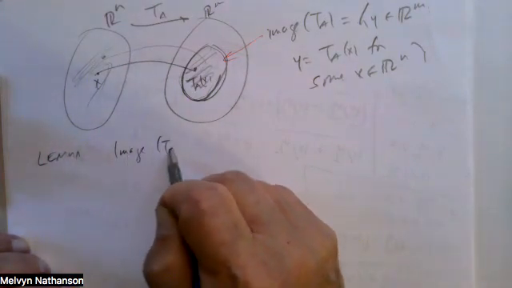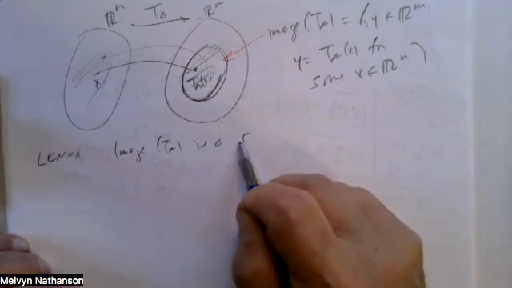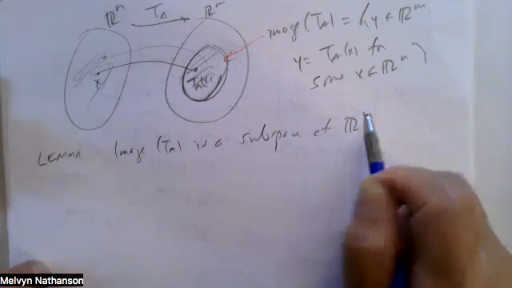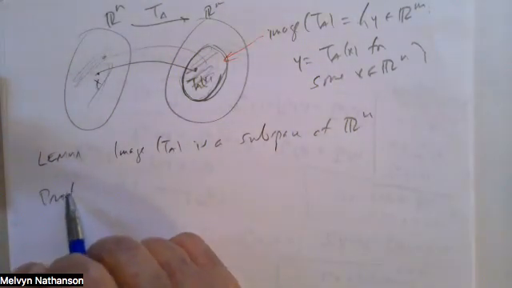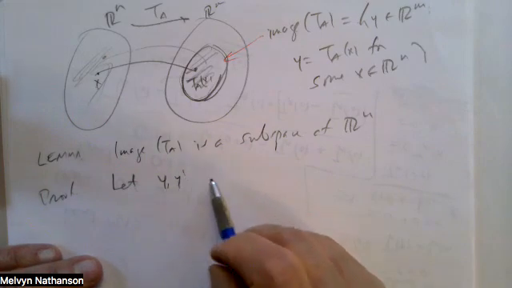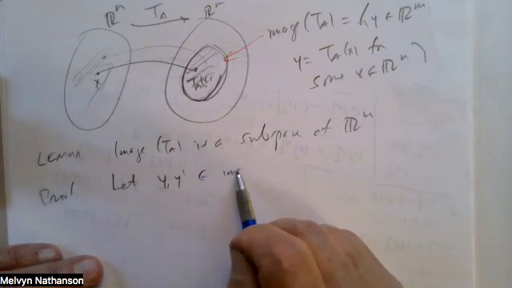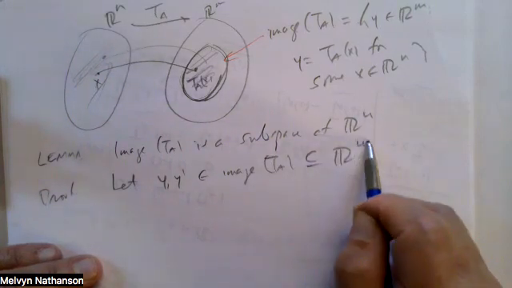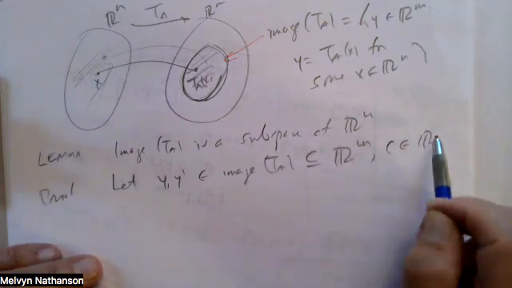The image of T sub A is a subspace of Rm. And the proof's as follows. Suppose I take two vectors y, y prime in the image of T sub A, which is contained in Rm, and I take any scalar c.